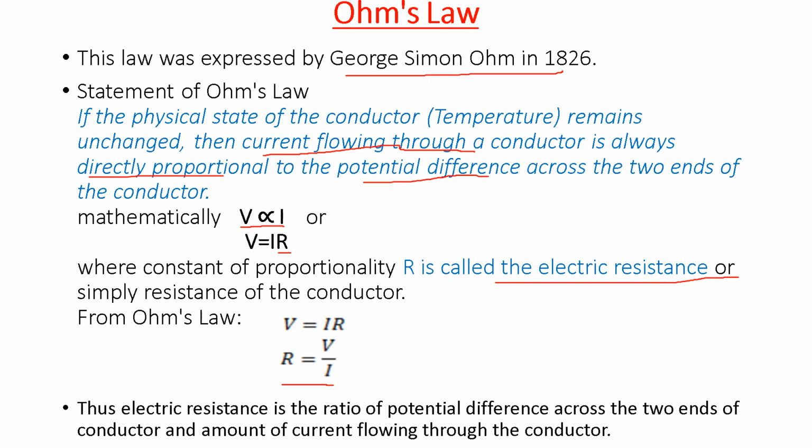And this ratio V by I gives the electrical resistance of the given conductor. If we know the value of the voltage that we have applied and the current flowing through the circuit, then we can very easily find out the resistance of the given conductor by using this formula, that is R equals V by I.